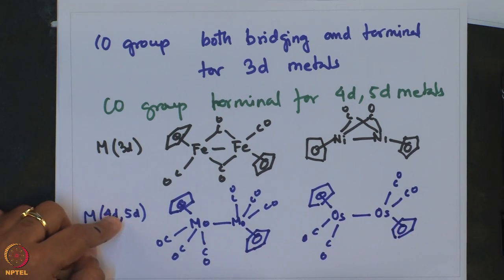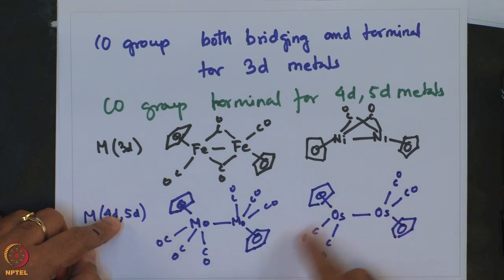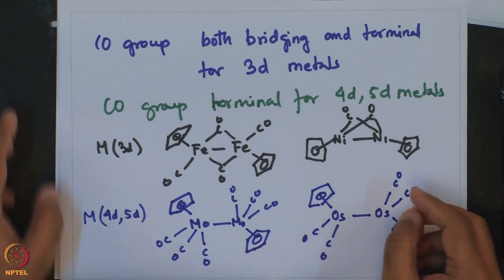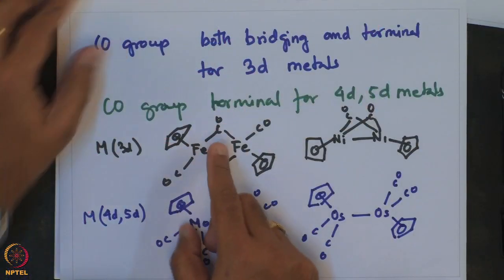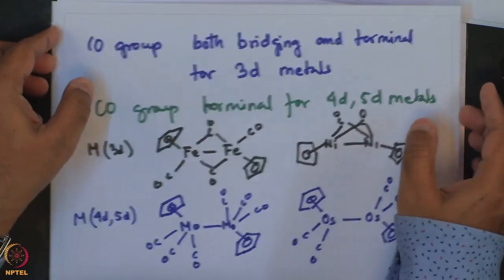So, over here, this being bigger, they have terminal carbonyls, whereas in 3d, it being smaller in size, they can have both bridging and terminal moieties. So, this is very much reflected in this iron Cp dicarbonyl dimer, which has a fluxional structure.